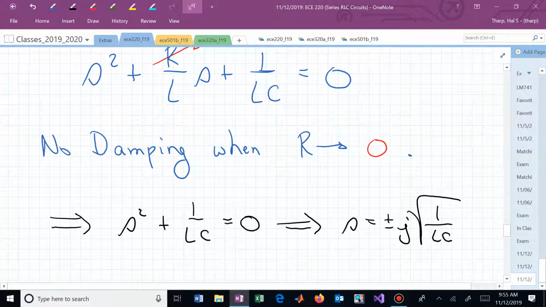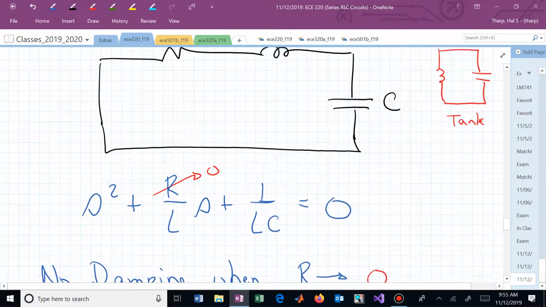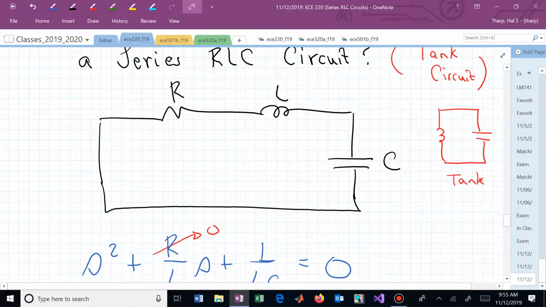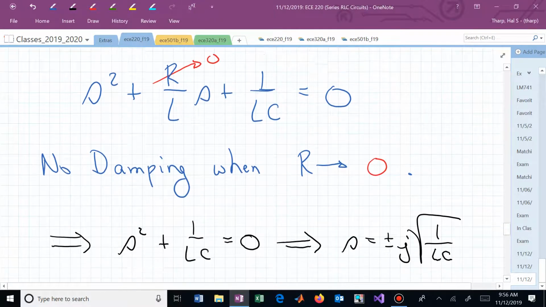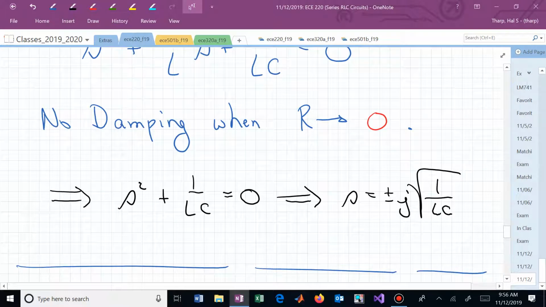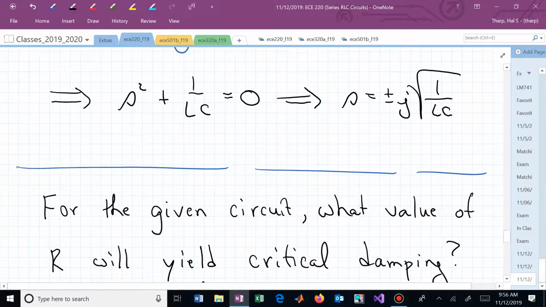To get this red circuit with a parallel RLC, what did we do with R? We removed it, which was effectively saying make it go to infinity. In the series, to get the tank circuit, we need the damping or the resistance to go to 0. They're dual. One goes to one extreme, one goes to the other extreme, but we end up with both of them giving us a tank circuit.